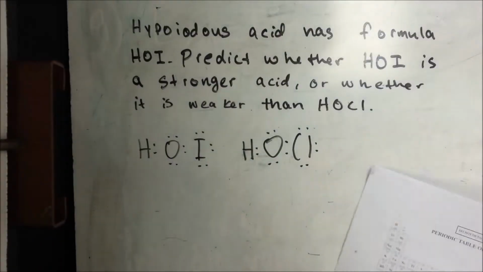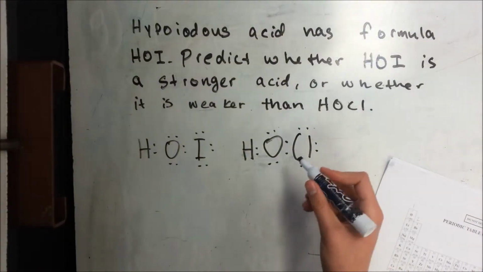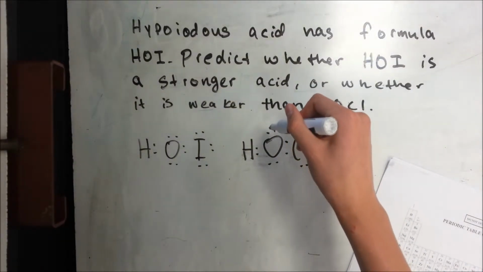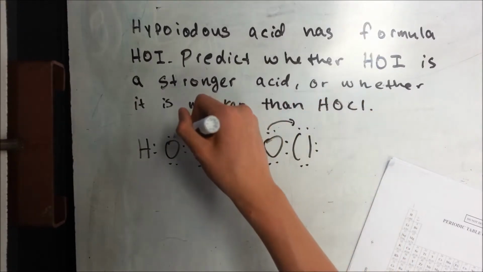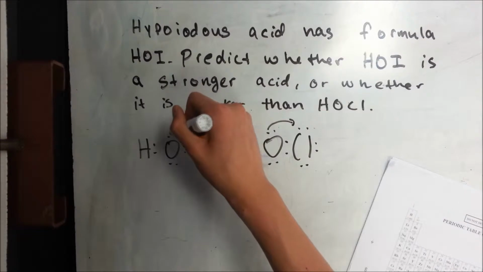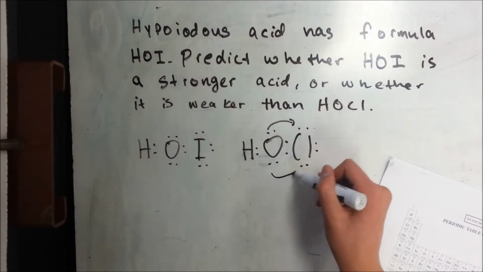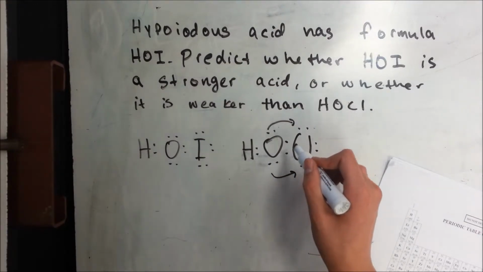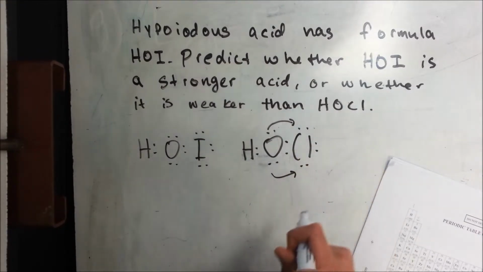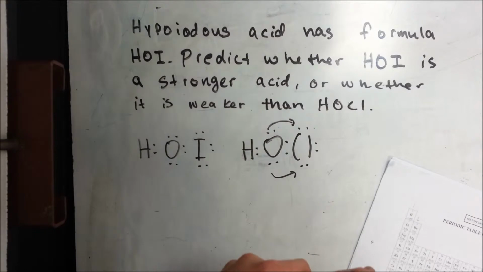So we can see in these diagrams that the electrons here will be more attracted to chlorine than the electrons of the oxygen over here. So the bonds between the chlorine and the electrons are stronger, meaning that it has a hard time breaking them apart and dissociating into an acid.